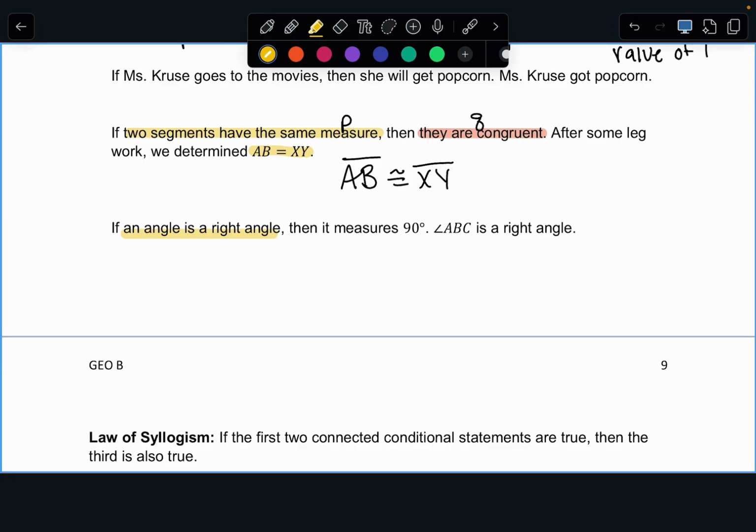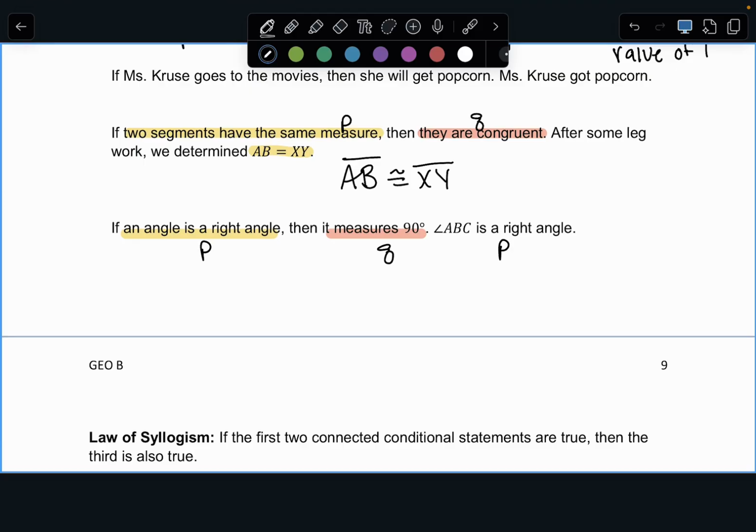Is this 90 degrees something new or the same as the yellow thing? New. In our brain, it should be the same, but really it's a new statement. In our brain, we know right angles go with 90 degrees, but on paper, they are different. And then it says ABC is a right angle. Is that yellow or orange?